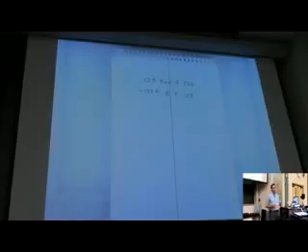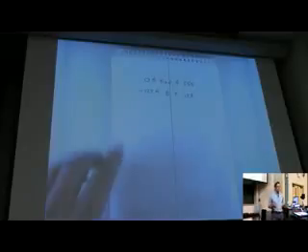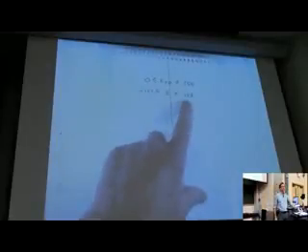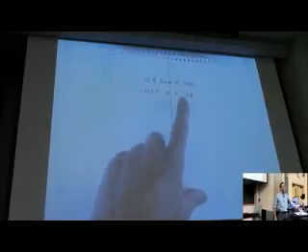Okay, so the numbers that we can represent using this bias notation will have the smallest exponent of 2 to the minus 127, and the largest exponent will be 2 raised to the power 128. Okay, so do you see what's going on here?